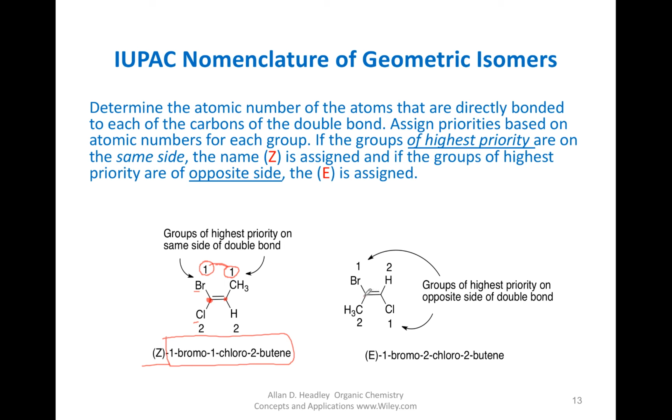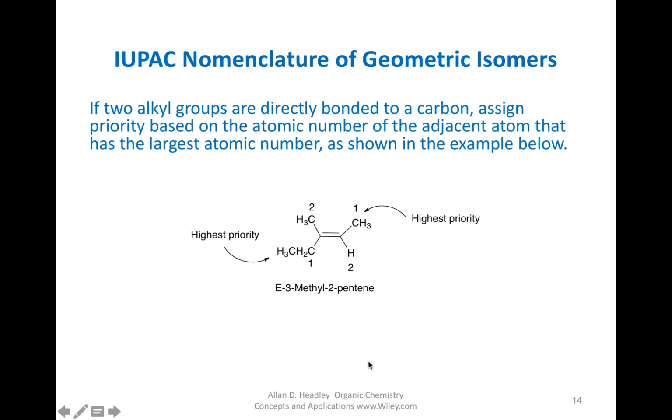Same here. This gets number 1, and this is number 1 for the groups across the double bond, and that gets an E designation. Okay, let's continue.